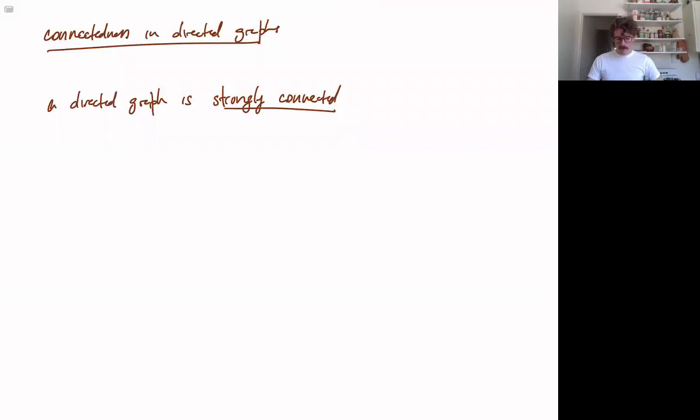So basically, you make exactly the same definition, but the behavior, the flavor, is quite different. So we have some new names for it, and we'll look at some more examples. So a directed graph is strongly connected if basically the same definition you gave before.